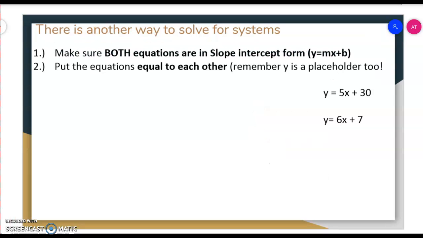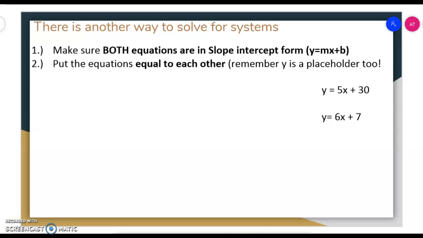Now our second step says to put the equations equal to each other. Remember how I said earlier, this y is equal to this. So anywhere that I see a y in my first equation, that's where I'm going to put it. I'm going to take this 6x plus 7 and plug it in right here.